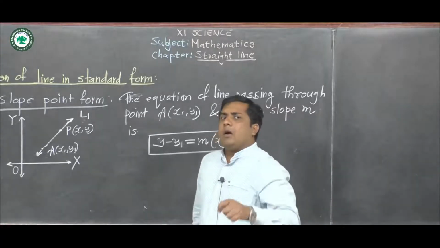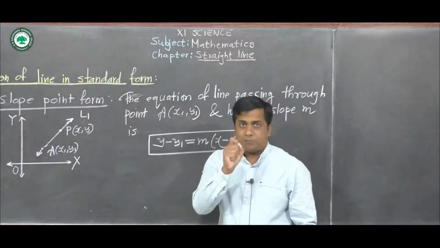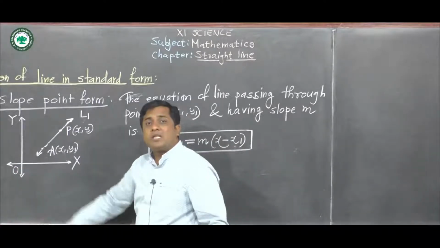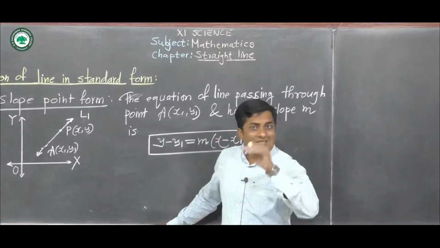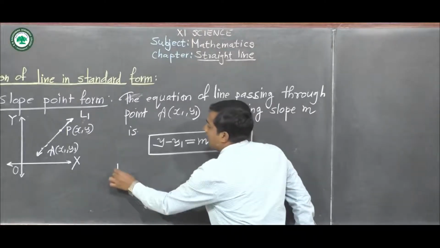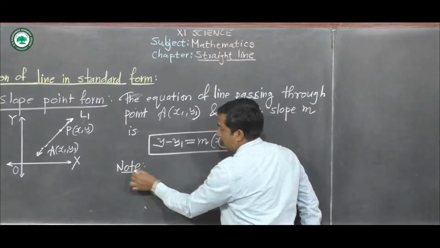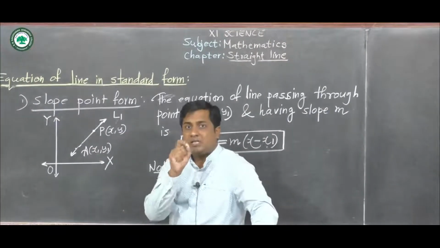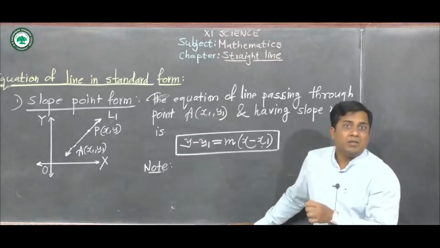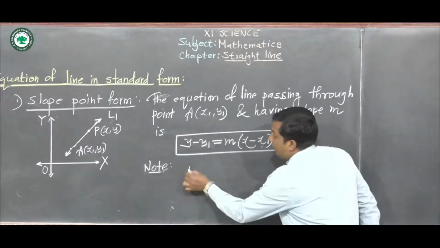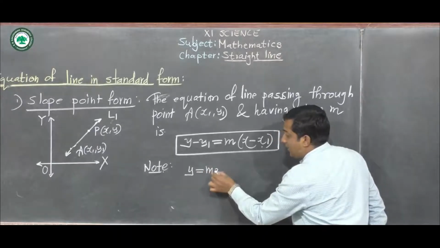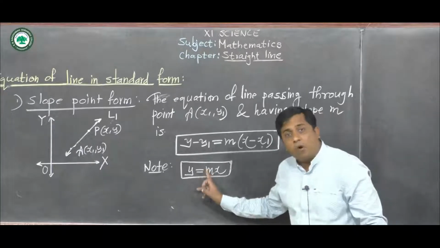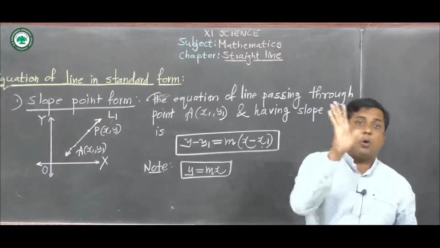Suppose our line is passing through point O, that is, passing through the origin. We know the coordinates of the origin are 0, 0. Suppose this line L1 passes through the origin and has slope m, then for the origin the equation is y is equal to mx. Remember, this is the equation for the line which passes through the origin.